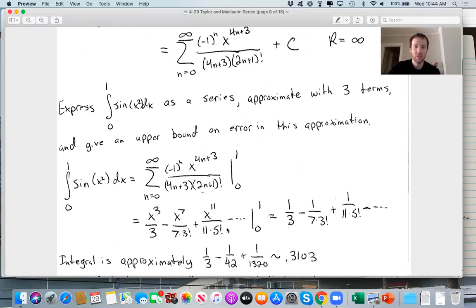If you write it out, if you put in 0, everything is 0. But if you put in 1, all of the powers are 1, but you still have everything in the denominator. So this definite integral we can represent as a series.